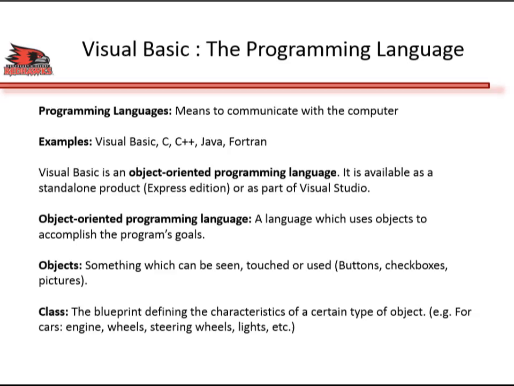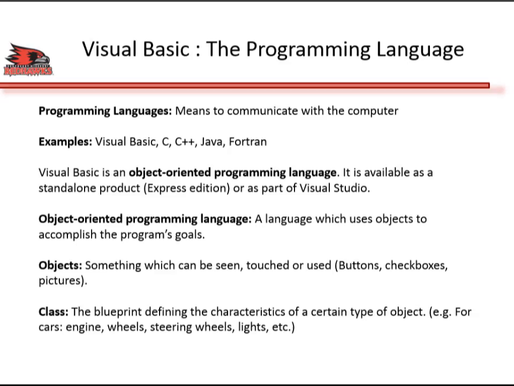This language revolves around objects like buttons, pictures, checkboxes, list boxes, stuff like that. So these are things which you have to design, which you bring all together to create your interface which you work with.